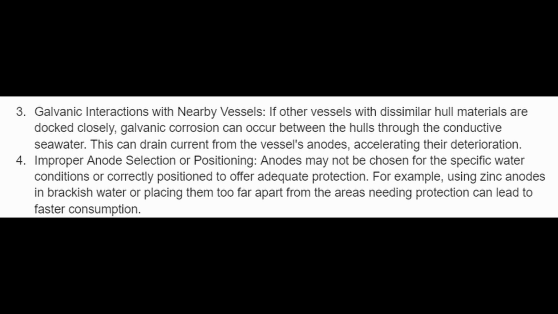Improper anode selection or positioning. Anodes may not be chosen for the specific water conditions or correctly positioned to offer adequate protection. For example, using zinc anodes in brackish water or placing them too far apart from the areas needing protection can lead to faster consumption.